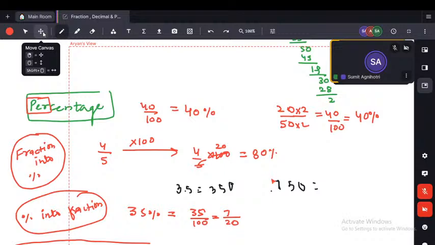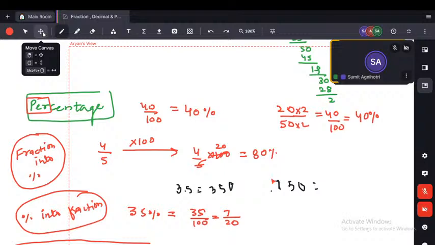Then can you tell me what is 1/3? You just did correctly. 1/3, that is 33.33, or you can write it as 33 and 1/3. Okay, well done, both are correct.